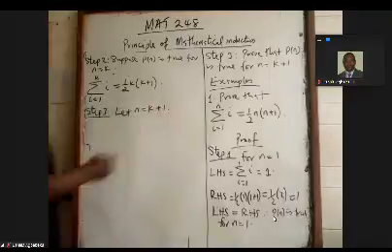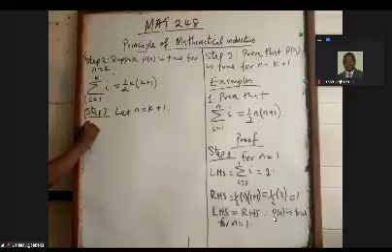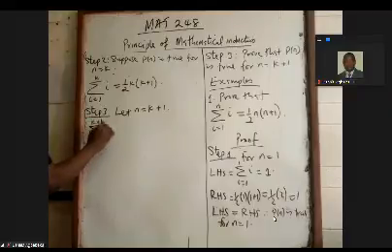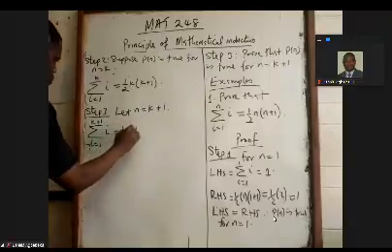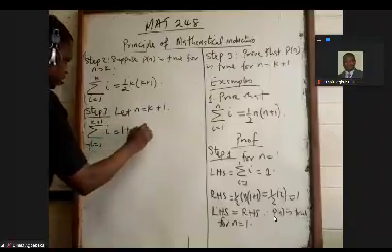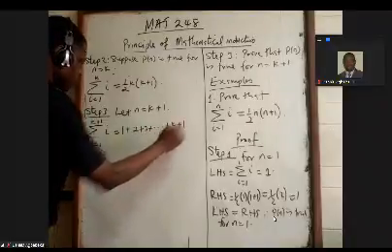We know that this can be written as 1 plus 2 plus 3 plus up to k plus 1, which is simply equal to 1 plus 2 plus 3 plus up to k, then plus k plus 1, which is equal to summation i equal to 1 to k of i plus k plus 1.